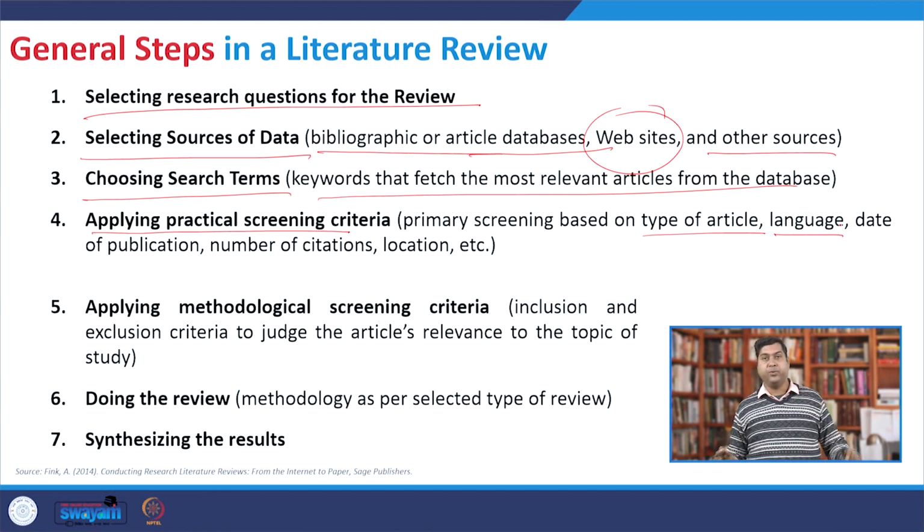It can be the language, such as only English or Hindi or any other language. Then date of publication: sometimes I am not bothered about a research paper published 20 years ago, because things were different then. I want to see the recent trend, so I can filter for the last 5 years.